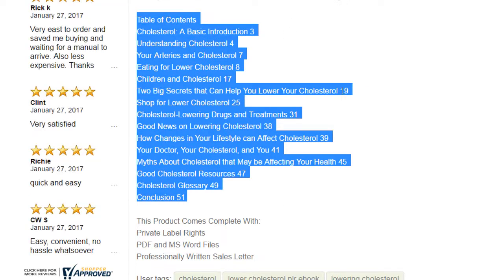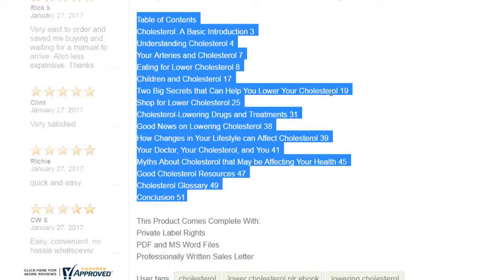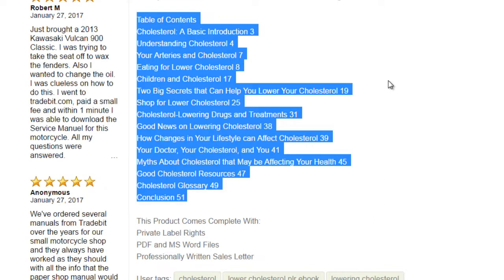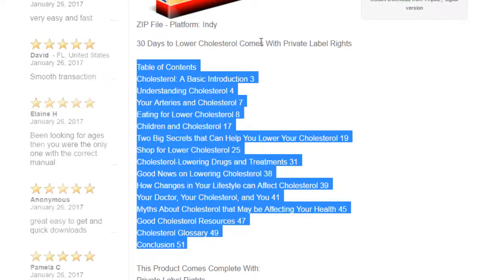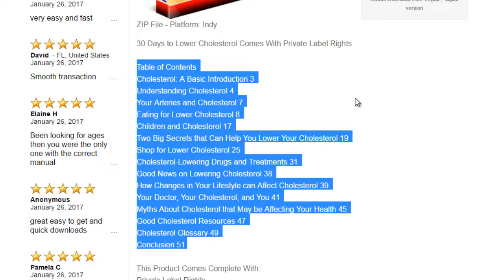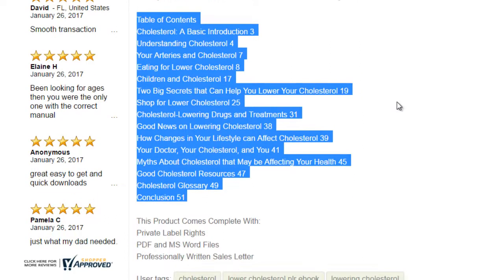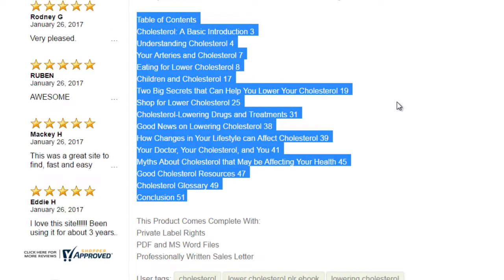Some ebooks are created with tons and tons of high quality, and some are created and they're not really good quality. So you really have to pick and choose. I mean, it's not really expensive. So at the end of the day, you can look at it, and if it needs to be rewritten, you can hire an article writer to do a total rewrite of it.